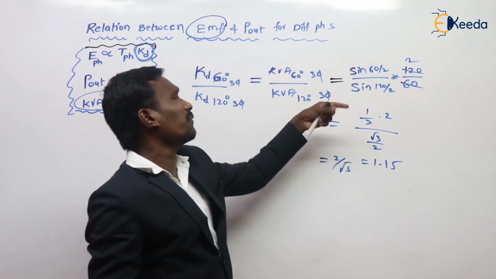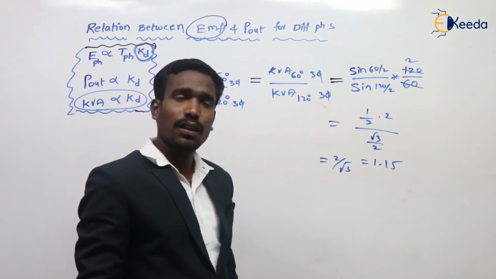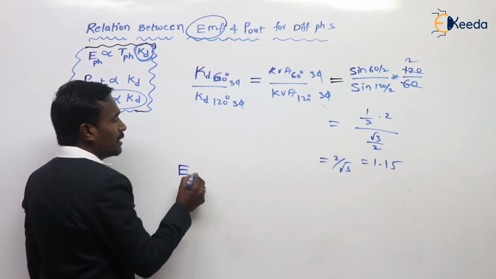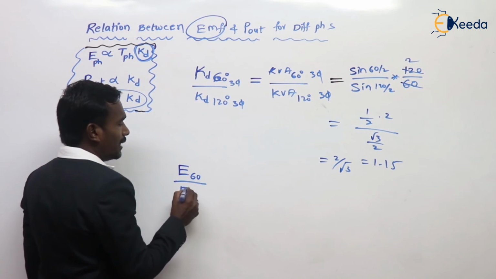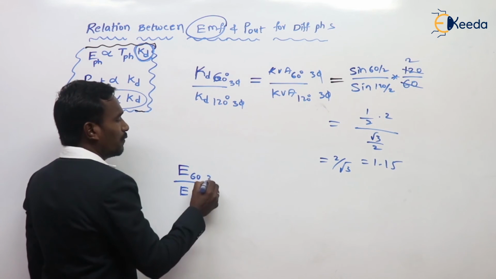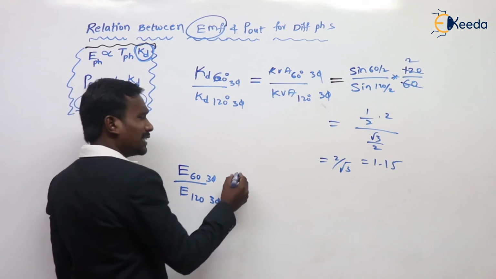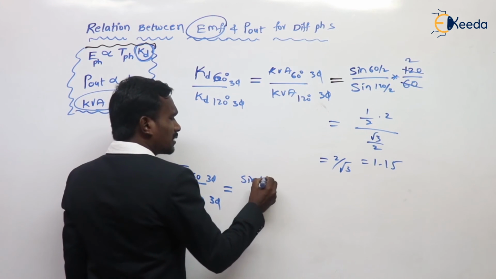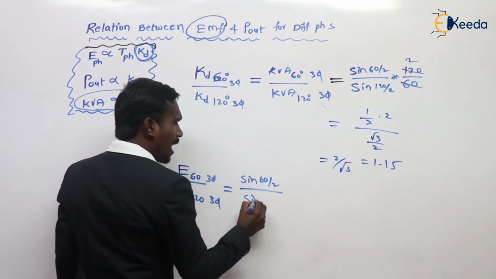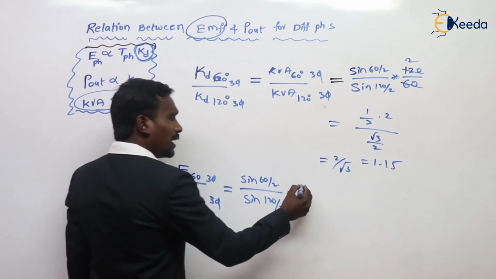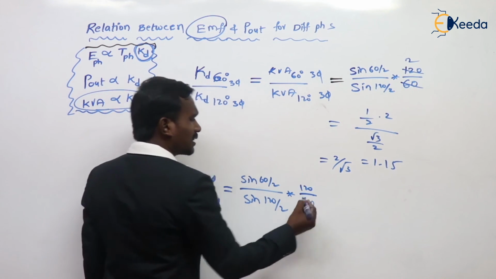If they give 3-phase, for example the same question asked for EMF, EMF 60 and EMF 120 for 3-phase and 3-phase. Then same: KD 60 is sine 60 by 2 and sine 120 by 2, and 120 upon 60.